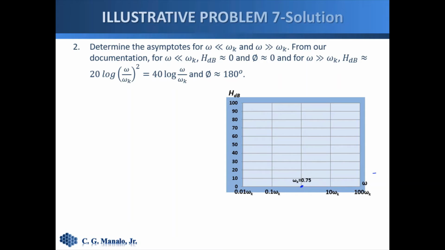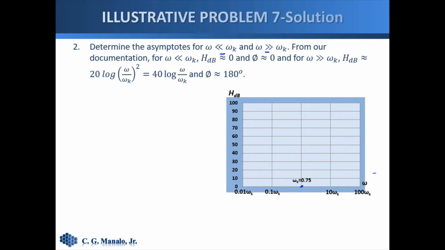So first we need to identify the asymptotes for omega much less than omega k and omega much greater than omega k. So we know from our documentation that for omega much less than omega k, H dB is approximately 0 and the phase angle is 0.